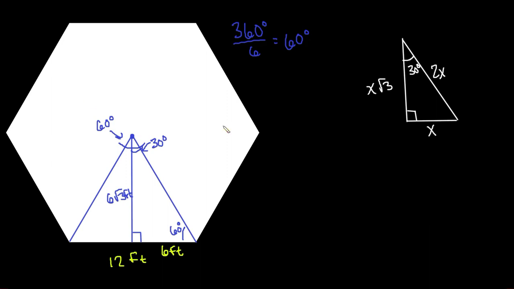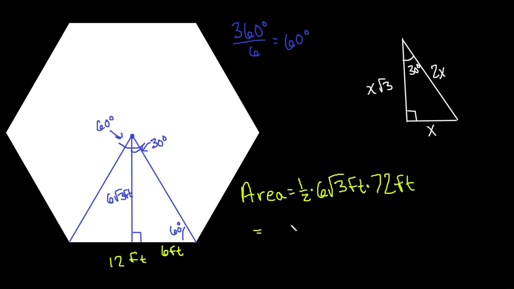So let's go ahead and find the area now. Area is 1/2 times the apothem, which we figured out is 6 times the square root of 3 feet, times our perimeter. So if one side is 12 feet and we got 6 sides, our perimeter is going to be 72 feet.